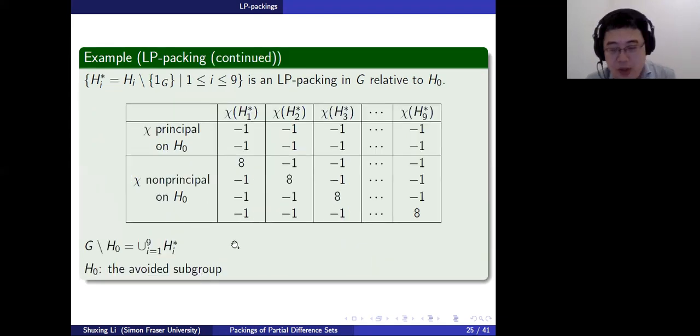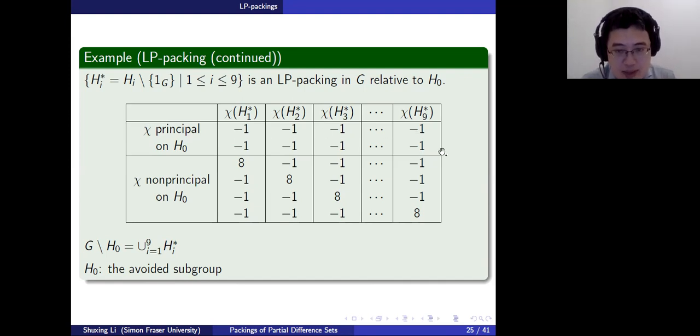And let me reiterate the LP packing using a diagram. We denote H_i star to be H_i minus identity. Those 9 members form an LP packing in G relative to H_0. So we use a table in which each column documents the character values of the members in the LP packing. For each column, you see exactly 2 values, -1 or 8. And those members satisfy some nice mutual property.